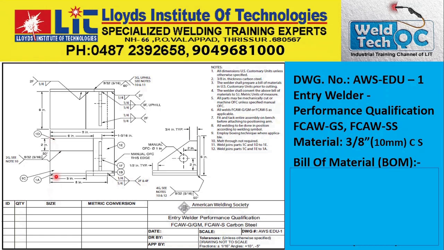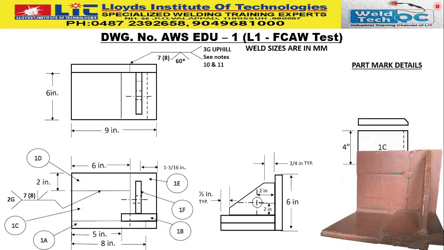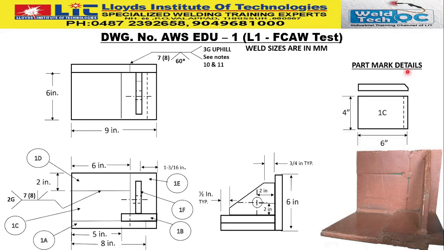From this point to this point it is 6 inches, and here 2 inches is given from this point to this point. So for 1C, it is 6 inches minus 2 inches, so again it is 4 inches. The 1C is 6 by 4.